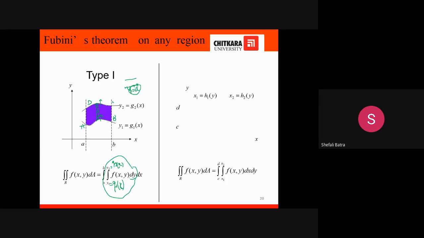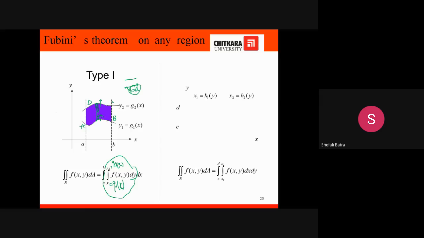So keep this in mind. If you are making a vertical strip, it means you are getting the limits of y, and limit of y must be in terms of x, right? And then now you will be sliding this vertical strip along x-axis. We will be sliding it horizontally.